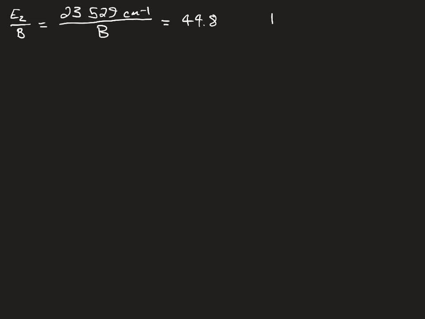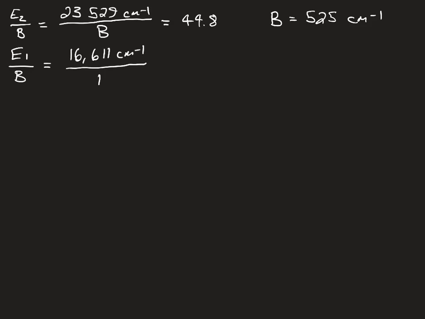So solving for B, we get a value for B equal to 525 wave numbers. E1 over B is equal to 16,611 wave numbers divided by B, which was equal to 30.4. So B is equal to 546 wave numbers.